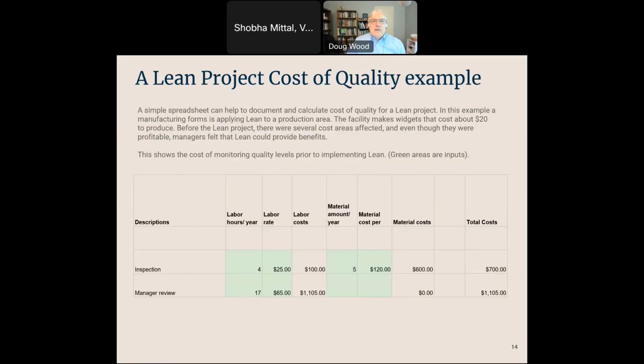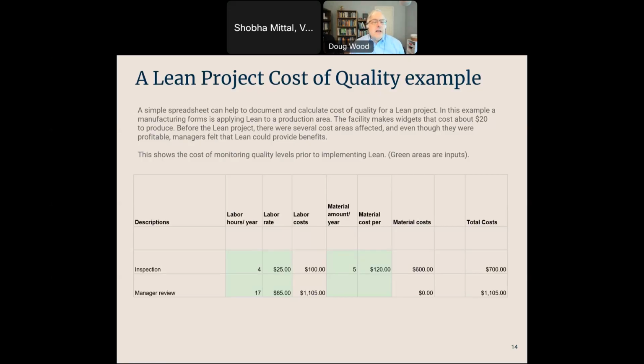So, here's our case study. So you're looking at a spreadsheet, or rather a part of a spreadsheet. But a simple spreadsheet can help document and calculate this. So here we have a manufacturing firm. They're applying lean to a production area. The facility makes, let's call them widgets.